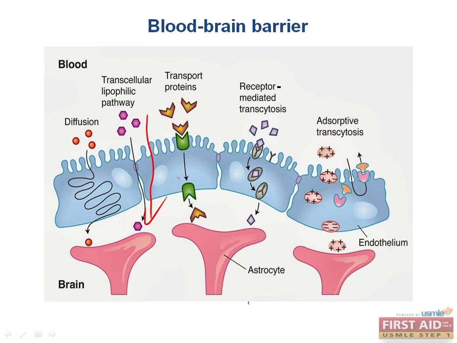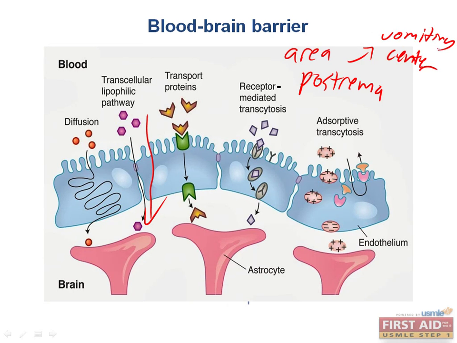The most notable region is the area postrema. This is in the caudal wall of the 4th ventricle in the medulla. This is important because it is known as, anybody? The vomiting center.